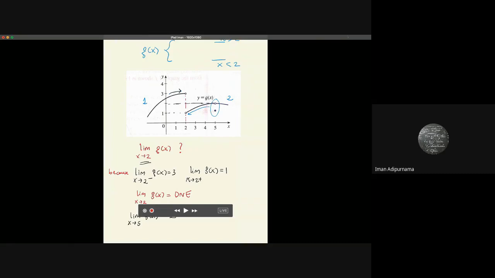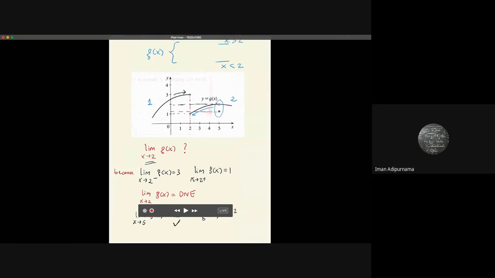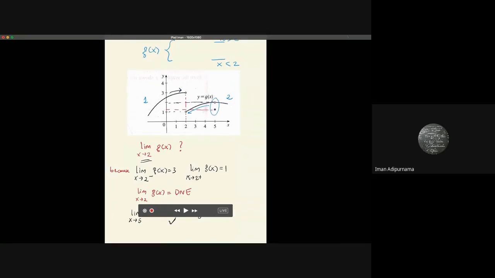Whatever the case at x equals 5, for example when you plug in 5, maybe it's 1 point something here, maybe 1.2 or 1.3. Still, the limit exists here, for x approaching 5. Any questions so far?